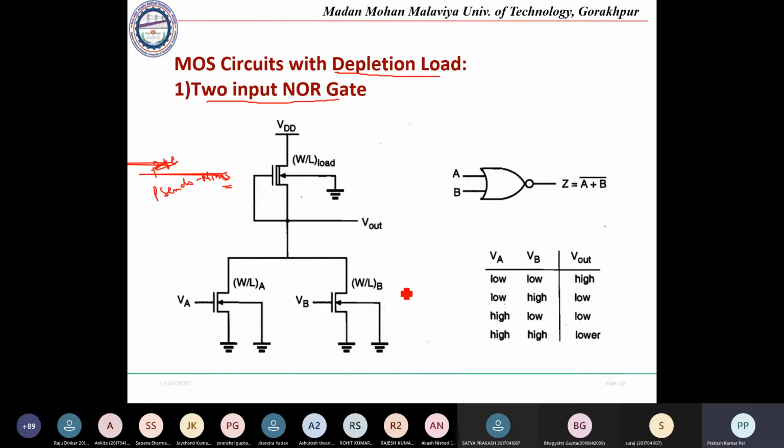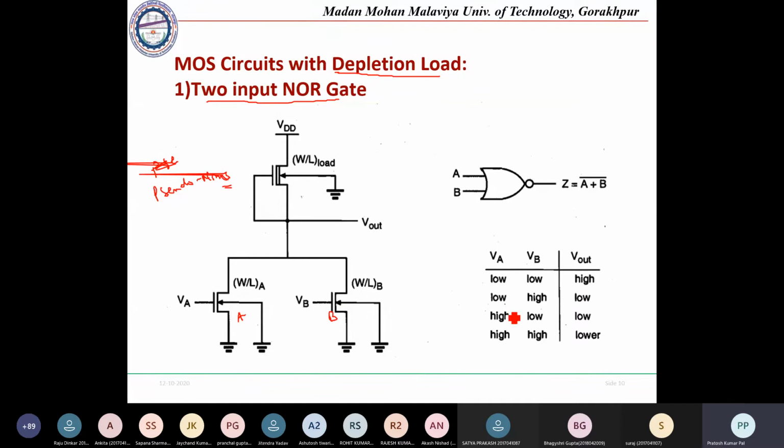If either of these two transistors, A and B, is turned on, then the output will be connected to ground. If in the second combination A is low and B is high, so one is low and the other is high, then the output will be connected to low logic, so the output will be low.